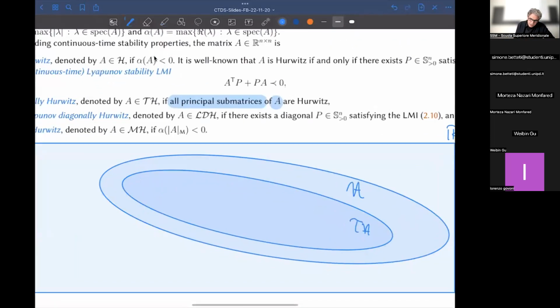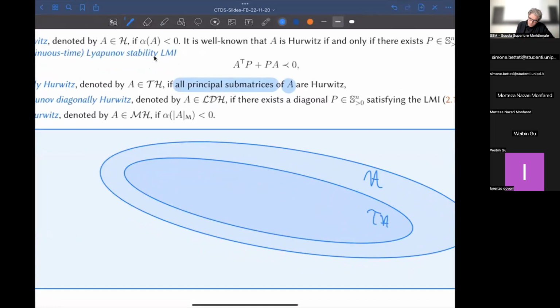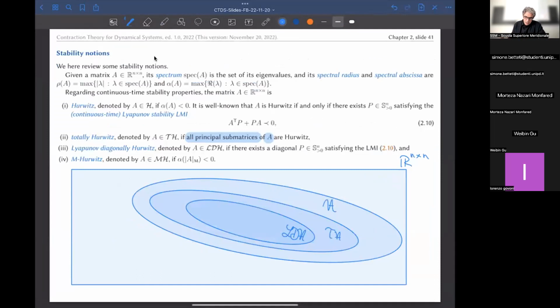There is another interesting subset inside here, and that's the subset of matrices that are Lyapunov diagonally Hurwitz. I've already defined it earlier. Lyapunov diagonally Hurwitz means, as you recall, every Hurwitz matrix satisfies the Lyapunov stability LMI. I've already written it a few hours ago, maybe.